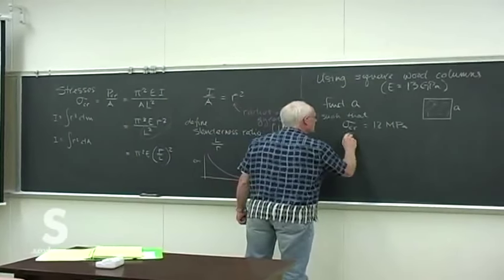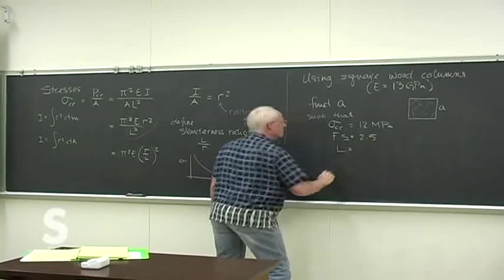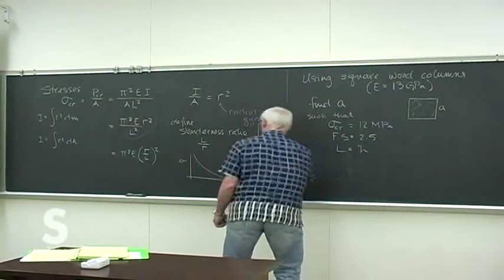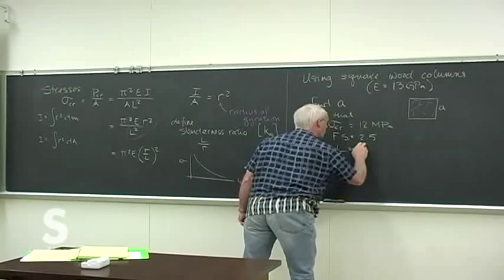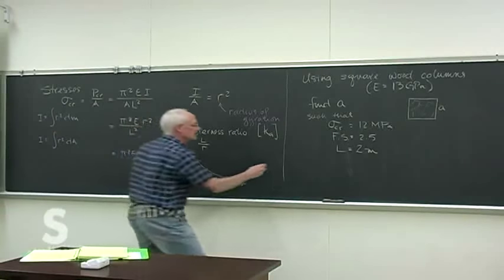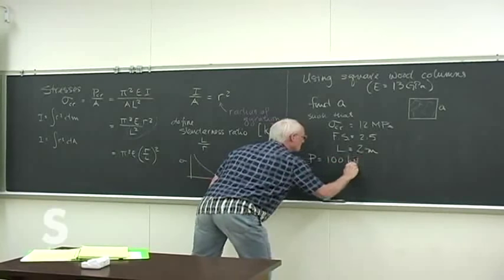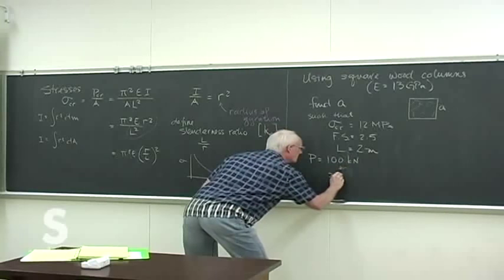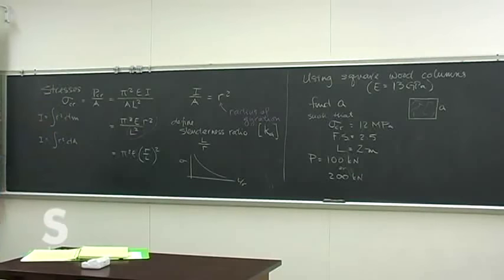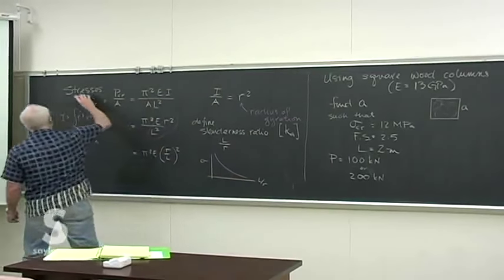A factor of safety of 2.5, a column length of 2 meters, about 6 feet. And for two different loads, 100 kilonewtons or 200 kilonewtons. So we have everything we're given, except we'll have to back out of it the area.